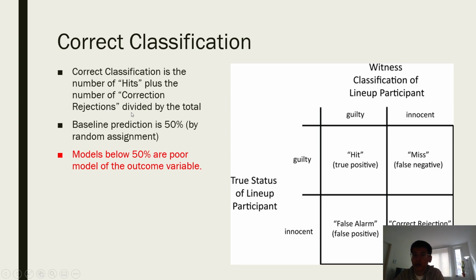By random guessing, in theory we have 50-50, right? We have 50%. So if the model is predicting less than 50%, we can say that this model is not better than random guessing, random assignment.